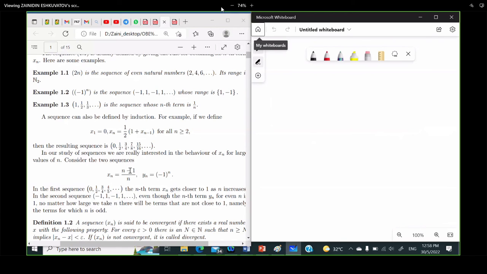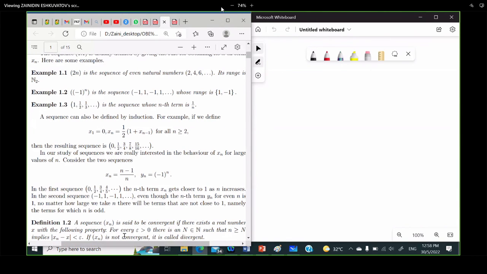So please pay attention. In the first sequence, you see, this is the listing of the elements, and this brace is finding their range. So in the second sequence, -1, 1, -1, 1, no matter how large we take n, there will be terms that are not close to 1.